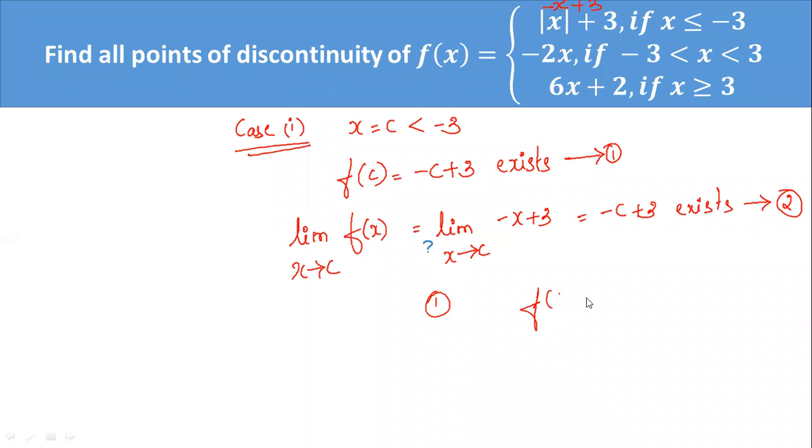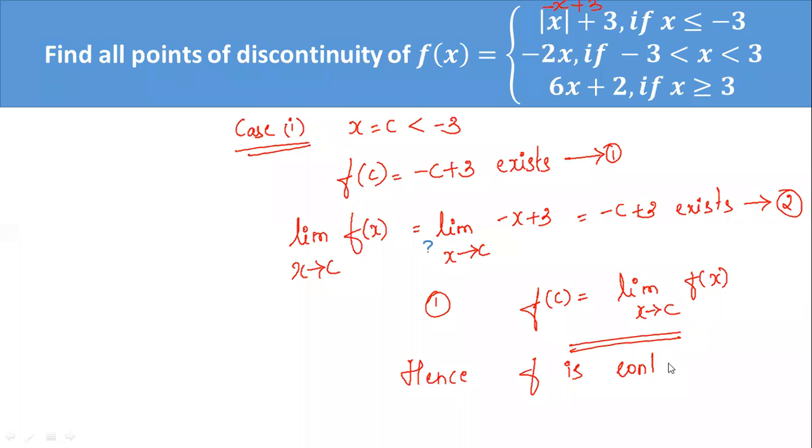That is f of c is equal to limit of f of x as x tends to c. Therefore, hence f is continuous at x less than minus 3.